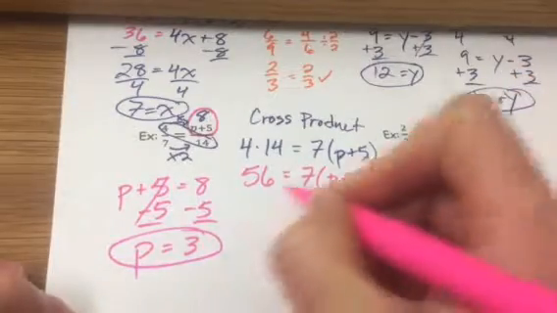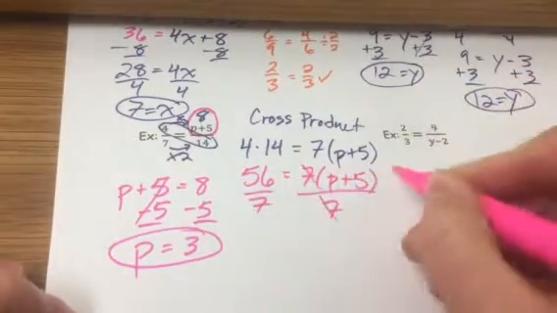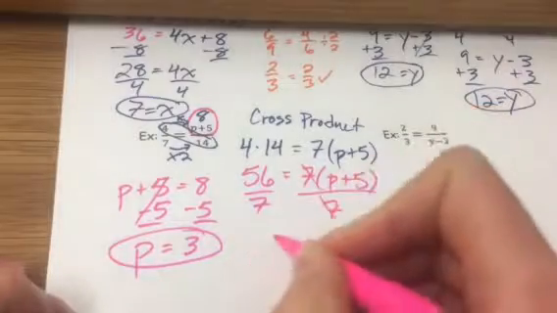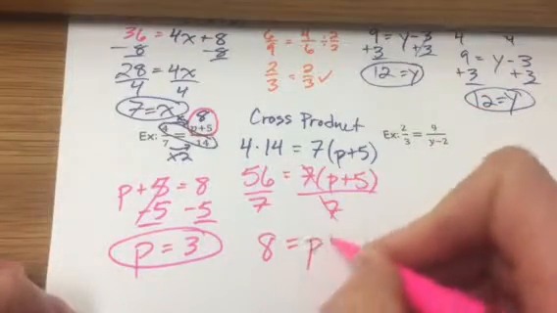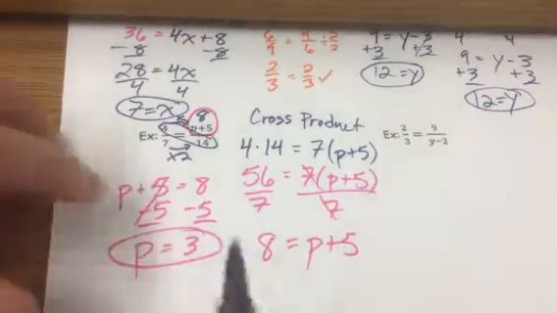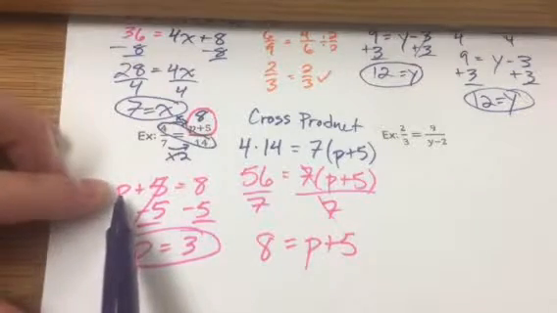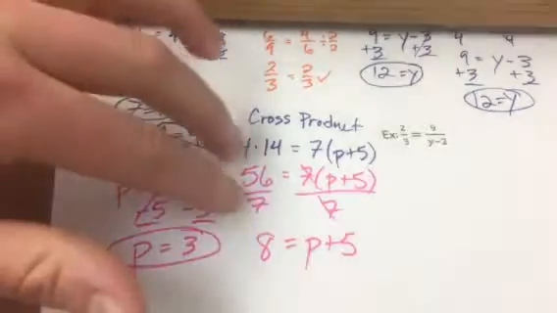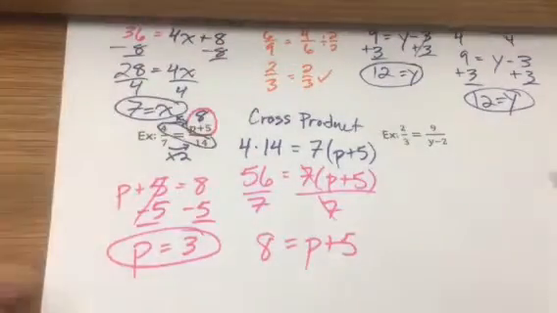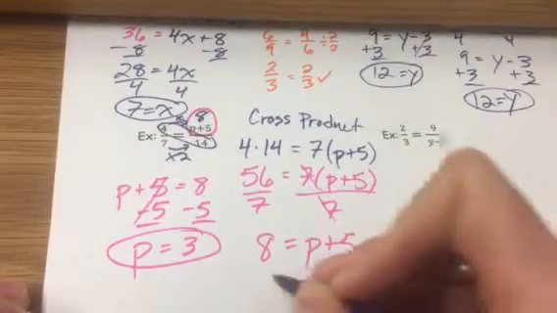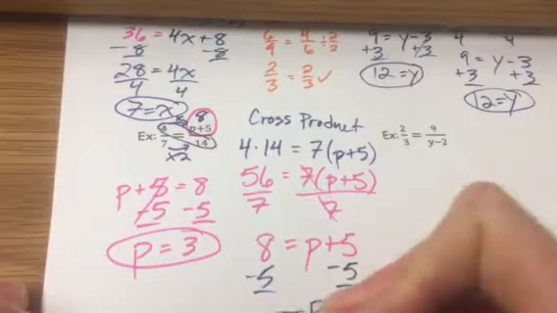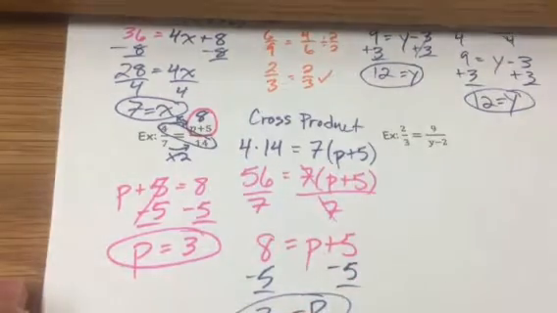I'm going to divide both sides by 7 first to save parentheses for last. We get 8 equals p plus 5. Again, I want you to notice we have the same exact equation as we did from using equivalent fraction route. This is a little bit more work, but it will ultimately get you to the same final answer. And we get that p is also equal to 3.